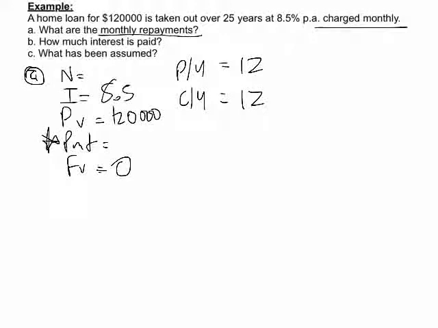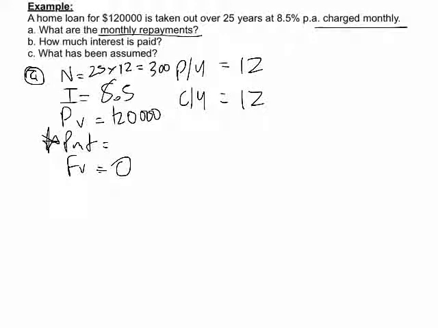Then we need to work out what N is. Well, 25 years, 25 times by making 12 payments per year. 25 times by 12, 300. Put that in, 8.5.